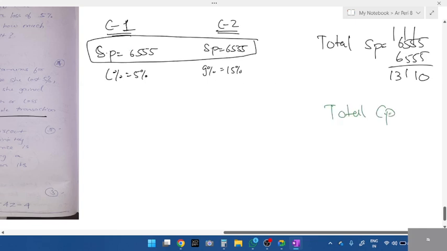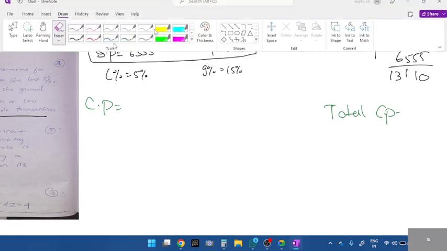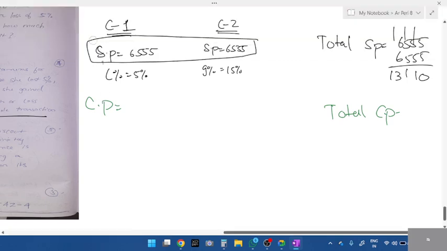In order to find total cost price, we need two values: cost price for this and cost price for the second one. What is the formula when there is minus? 100 divided by, what's the formula, students? Very good. 100 divided by 100 minus loss, 5%, into 6,555.